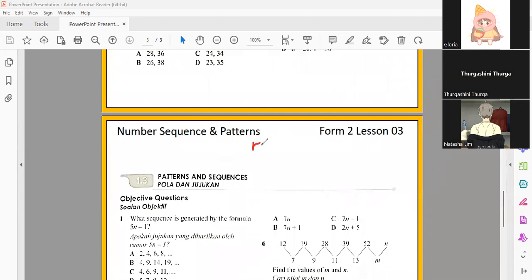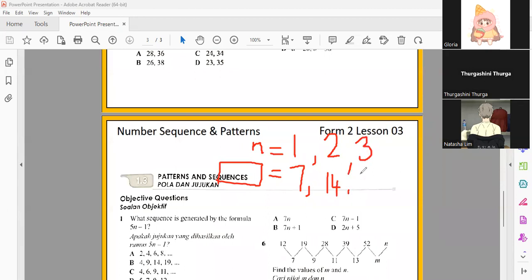So if my n is 1, my formula must work out to be times table 7, so it must be 7 to begin with. Then if it's 2, it has to be 14. If it's 3, it has to be 21. And so on.